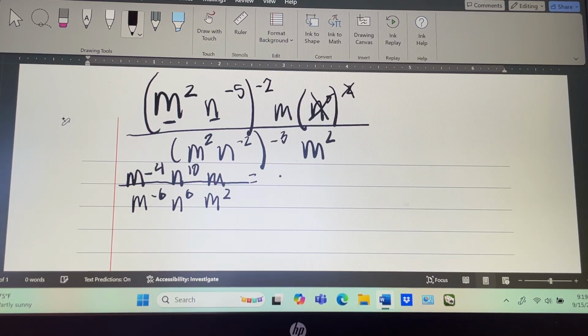So back up to the top. Now we have 2 m's raised to exponents. Remember, there's an understood 1 with that m. So this becomes m. In this case, we add the exponents because we've got 2 bases raised to exponents. So we're going to add negative 4 plus 1, which gives us negative 3. And we're going to bring over our n.